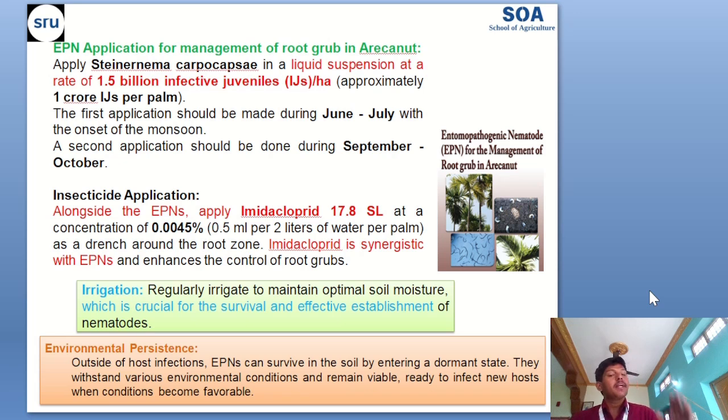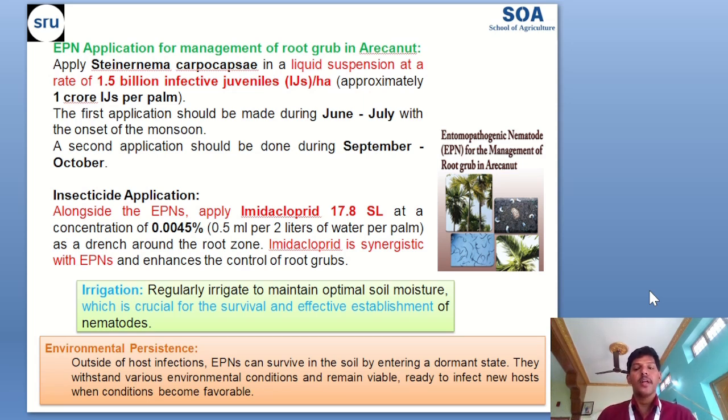Along with the application of this entomopathogenic nematode, apply imidacloprid. Imidacloprid 17.8 SL at 0.5 ml per 2 liters of water per farm. It acts synergistically with the entomopathogenic nematode and enhances the control of root grubs.